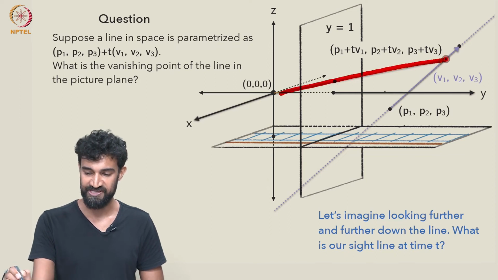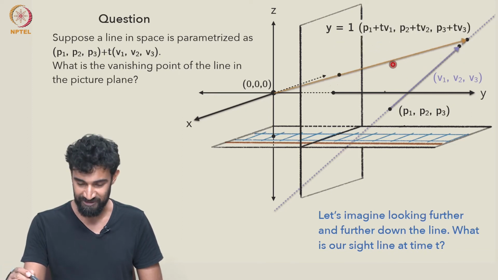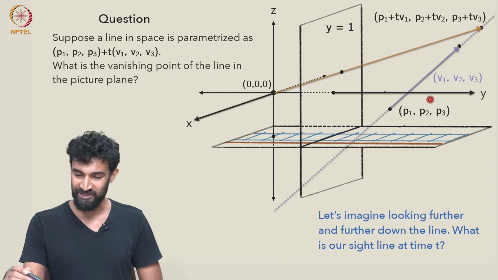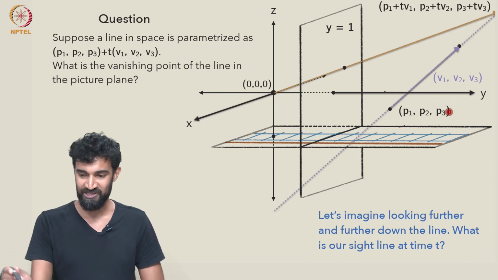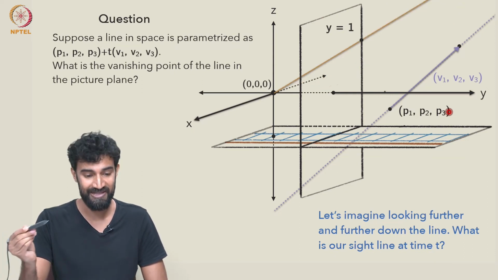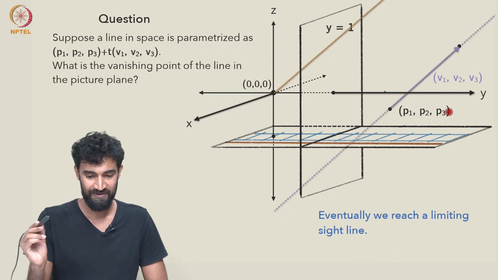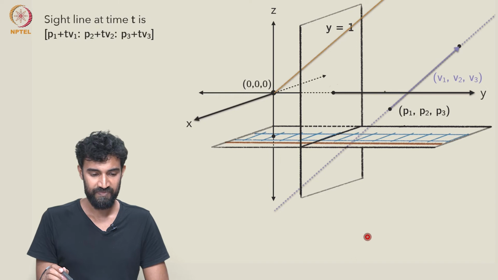That's what this vector is. And as we increase t, we'll look a little further down, increase t a little more, and look even further down. We can keep increasing t and looking further down. So what's happening here? Well, we'll just let t become bigger and bigger, and let t go off to infinity. And eventually we'll reach a limiting sight line.